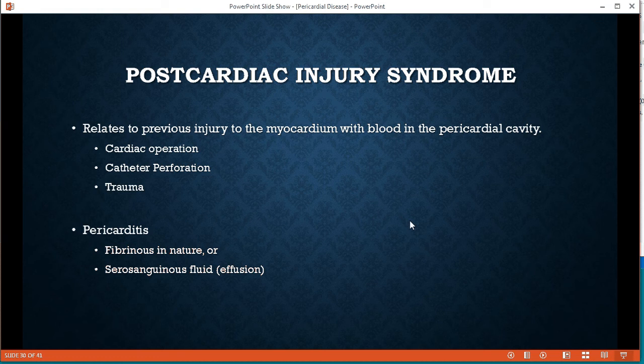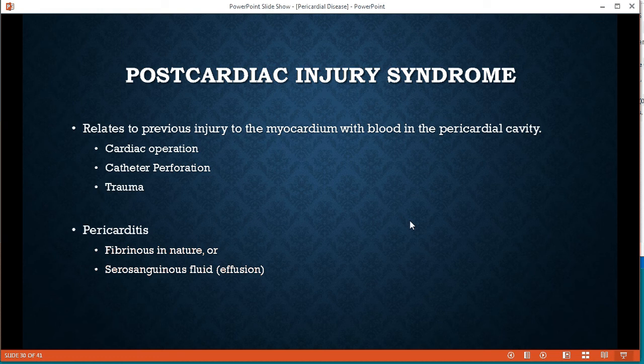But if you smack your chest up against the steering wheel, then there's a risk that you're going to develop a cardiac contusion. And with that, you can develop pericardial tamponade. So if you have some injury to the myocardium, then there's a propensity for that part of the myocardium that's injured to bleed into the pericardial sac. So you have to pay attention and be alert to that as they're admitted to the hospital.